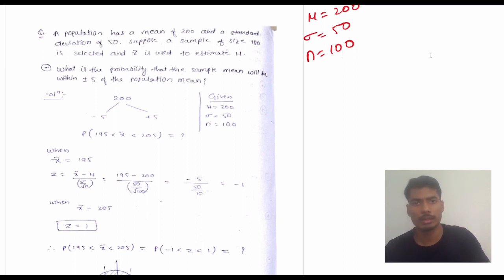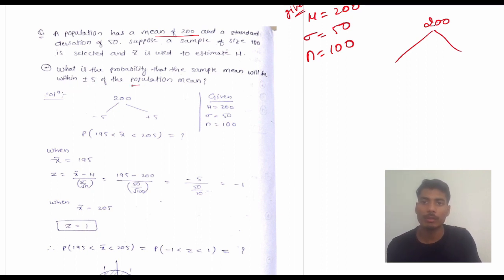See what they are saying. This is the given. Our population mean is 200.